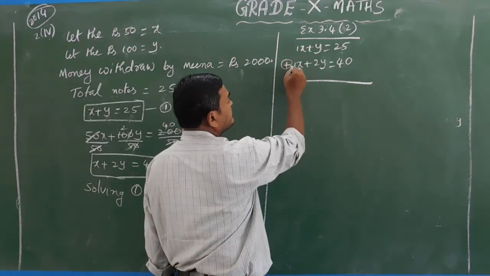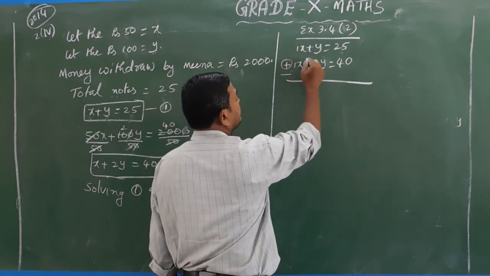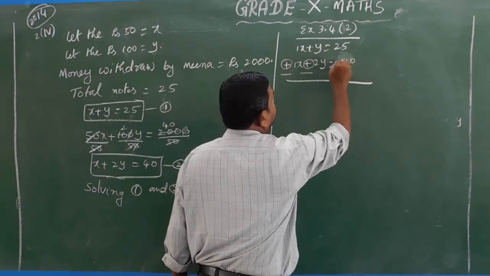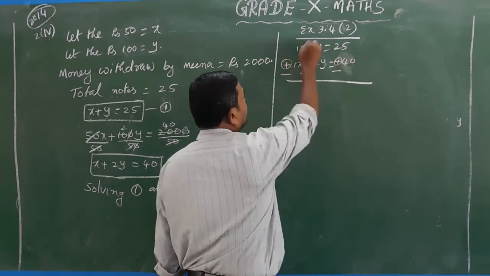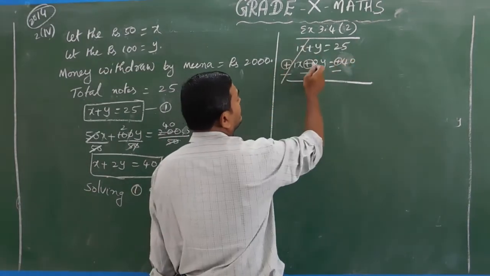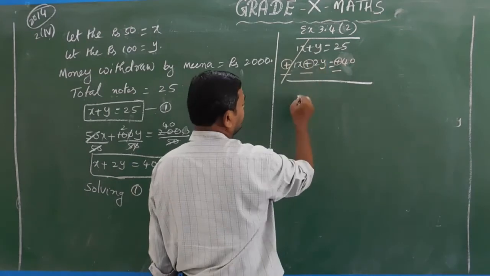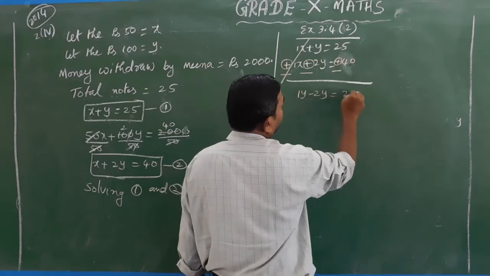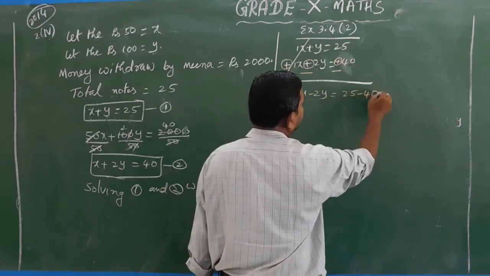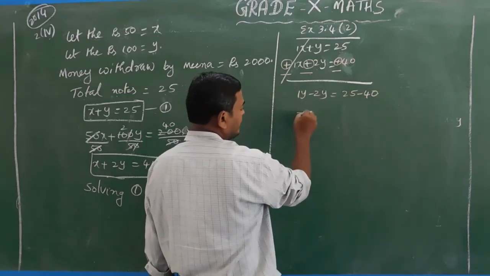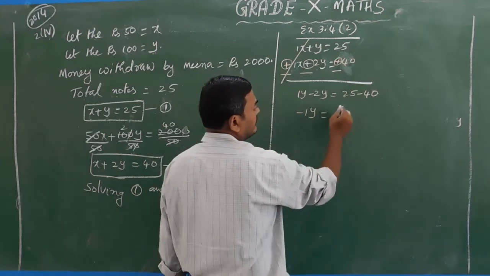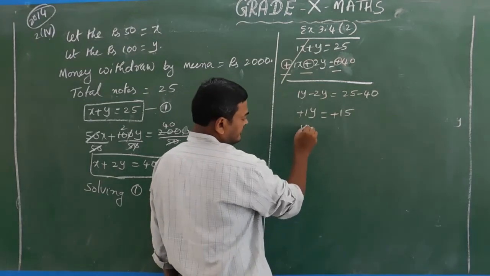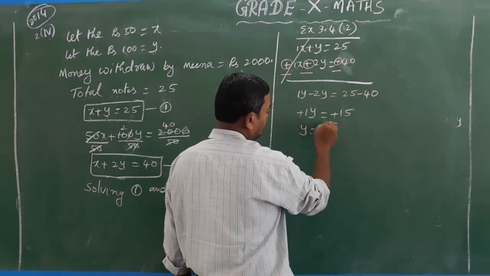So subtracting: the x terms cancel, y minus 2y equals 25 minus 40, so minus y equals minus 15. The minus signs cancel. y equals 15.